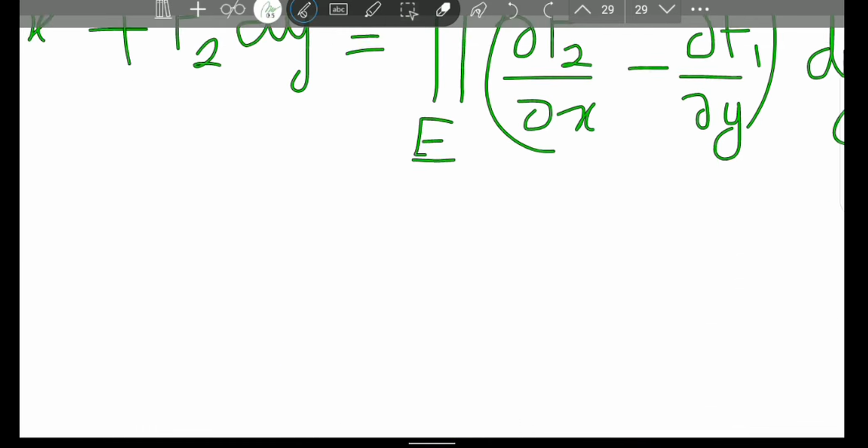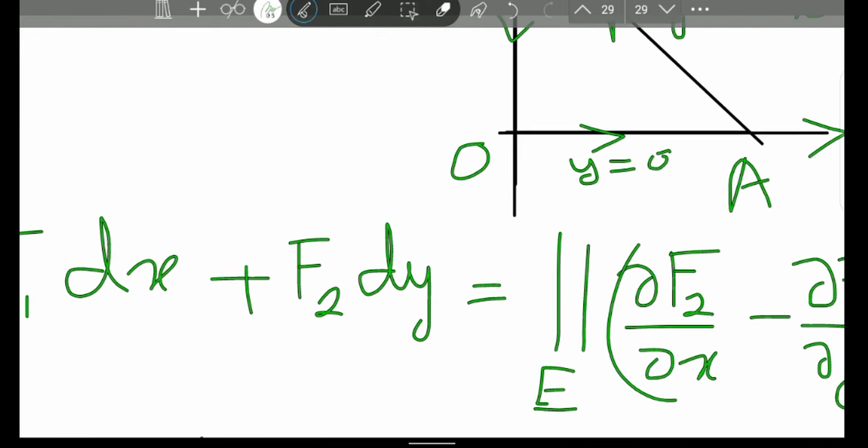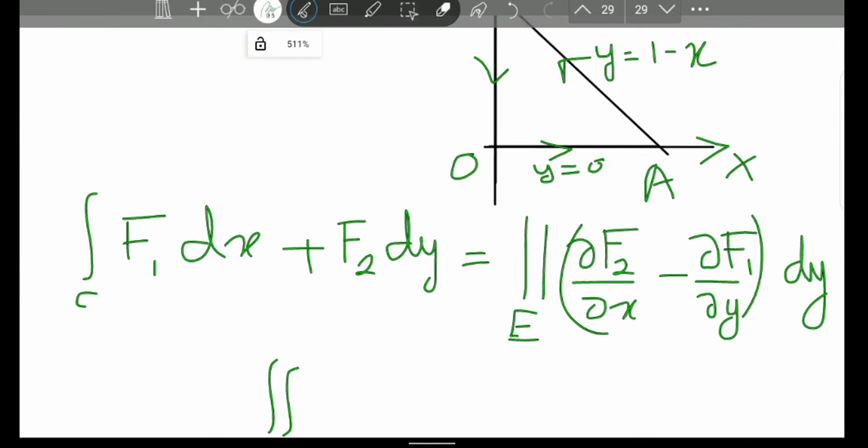Let's do it. So the right hand side of Green's theorem is the integral over region. In this case, the region is our triangle OAB.